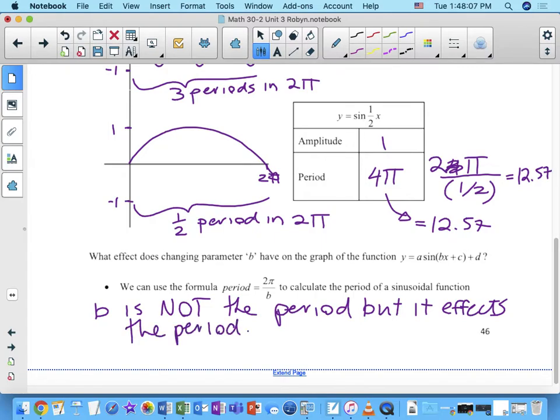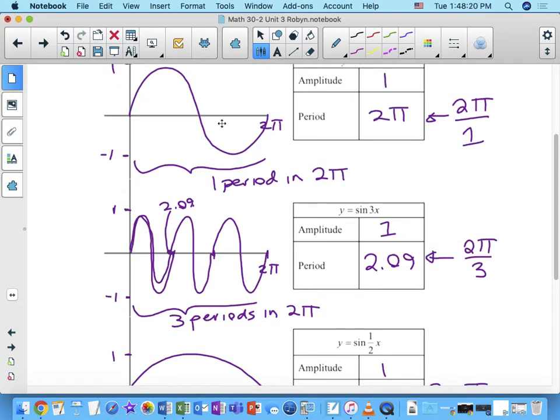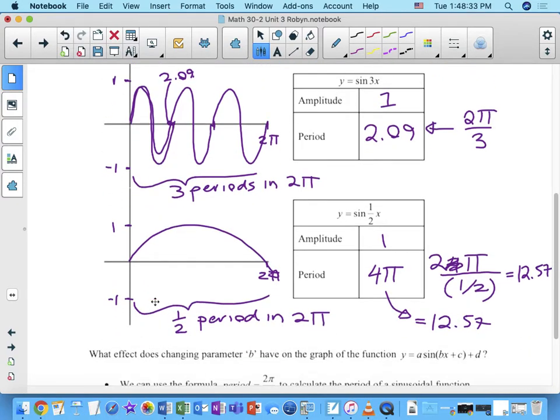And in fact, what we saw here was that the period was always 2 pi divided by the b value. That worked out every single time, right? Here the b value was 1. The period was 2 pi divided by 1. In the second example, the b value was 3. The period was 2 pi divided by 3. And then third example, the b value was 1/2.